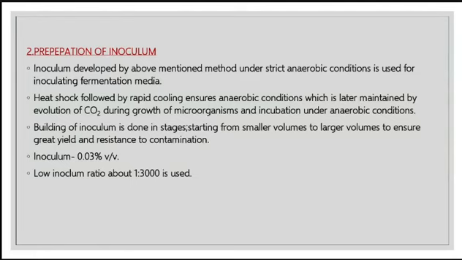The building of inoculum is done in stages, starting from smaller volumes to larger volumes to ensure greater yield and resistance to contamination. The prepared inoculum is added at 0.03 percent volume per volume, and a low inoculum ratio of about 1:3000 is used.